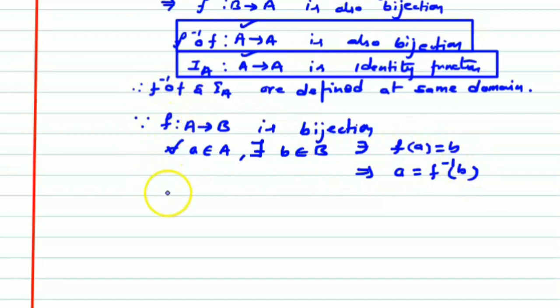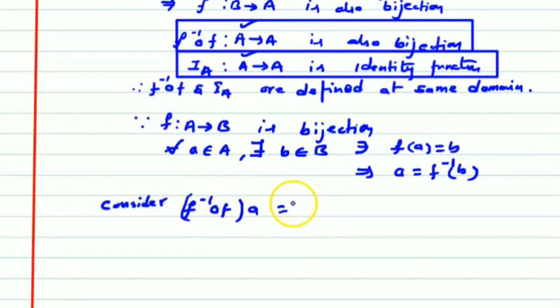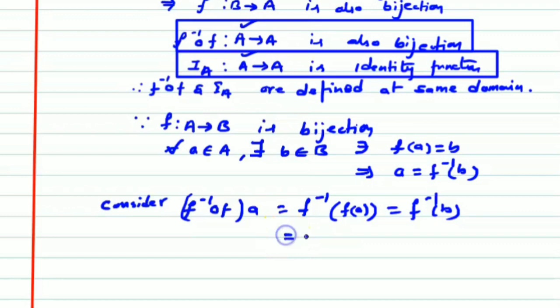Now, since the LHS is f inverse circle f, consider f inverse circle f of a. This can be written as f inverse of f of a, which is f inverse of b. So what is f inverse of b? f inverse of b is a. So this a can be written as I_A of a.